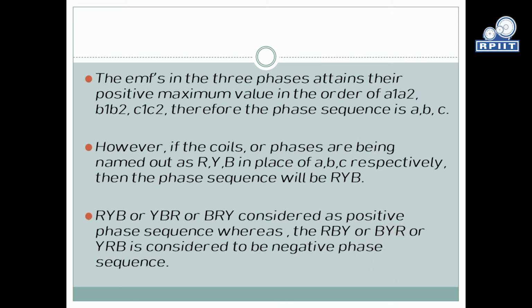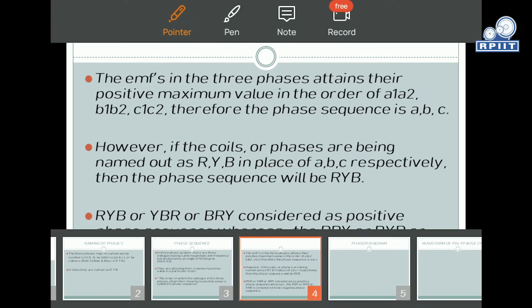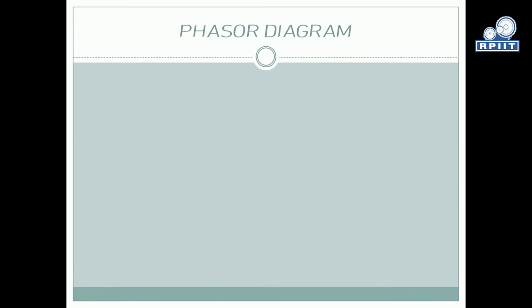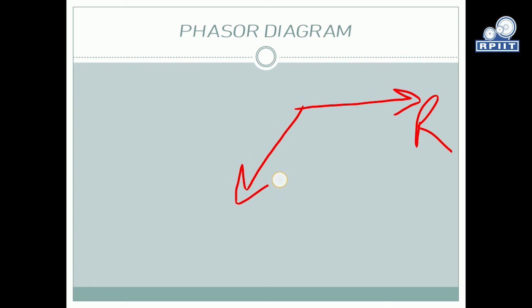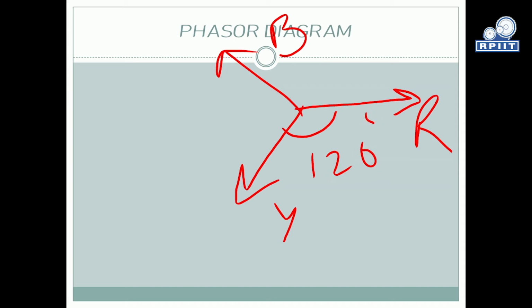So how will we plot this? For example, this is the phasor diagram. Phase R, phase Y and phase B. So RYB, these are the three phases displaced from one another by an equal electrical angle, that is 120 degrees.